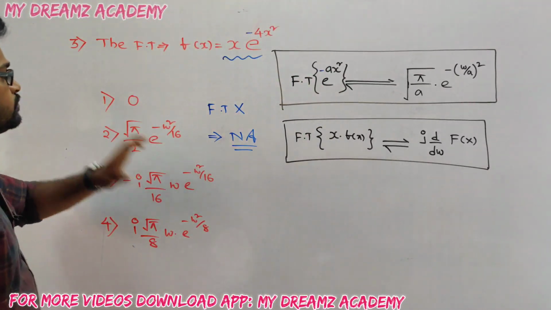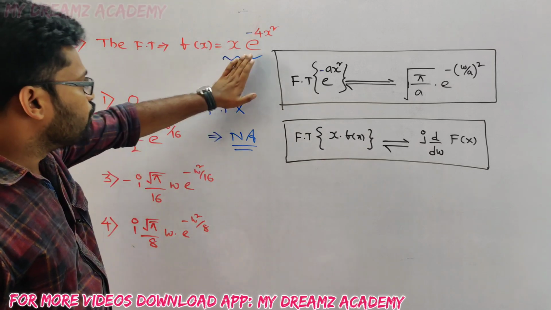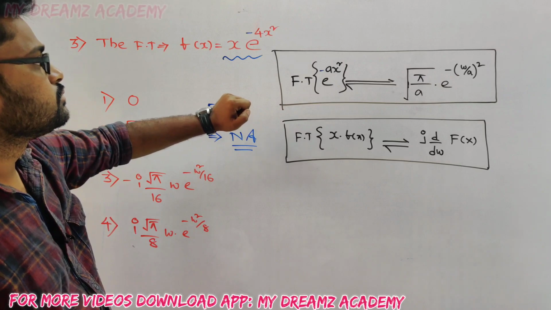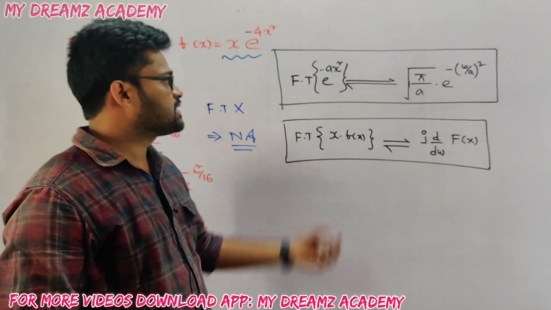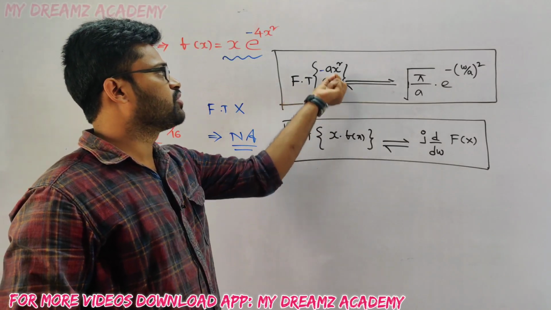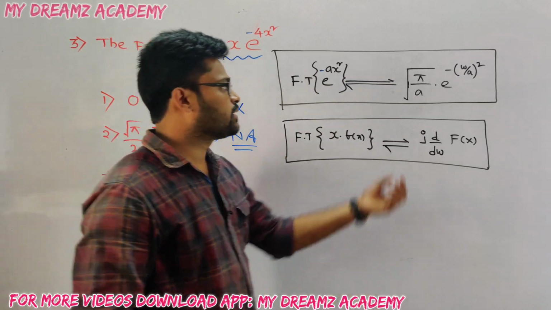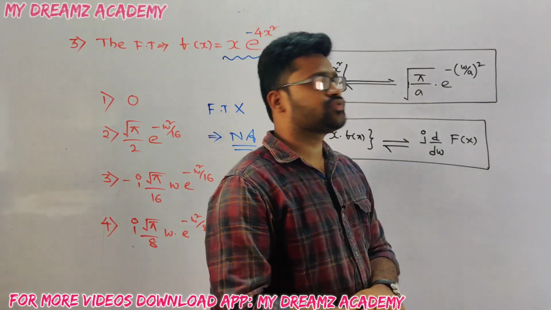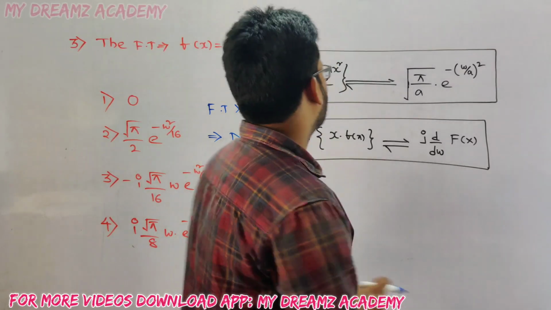Right. Now, the Fourier transform of e to the power of minus 4x square, there is one formula for us: the Fourier transform of e to the power of minus a x square will give under root of pi by a, e to the power of minus (omega by a) whole square.